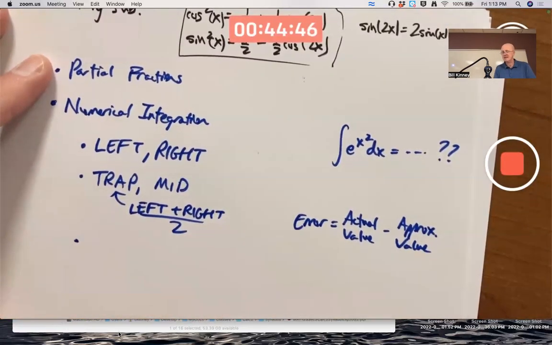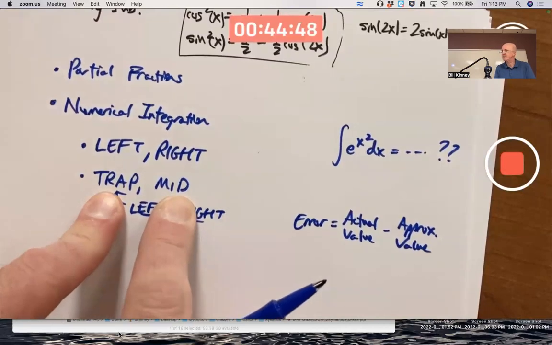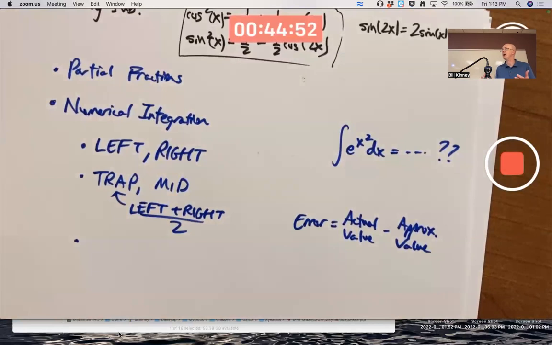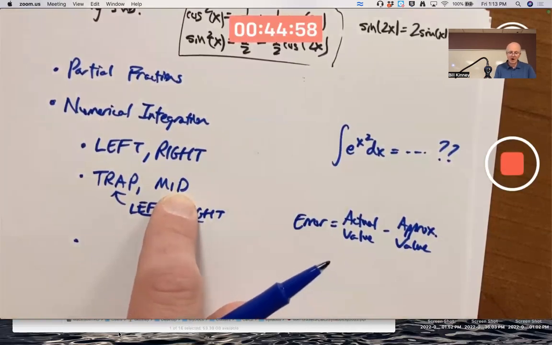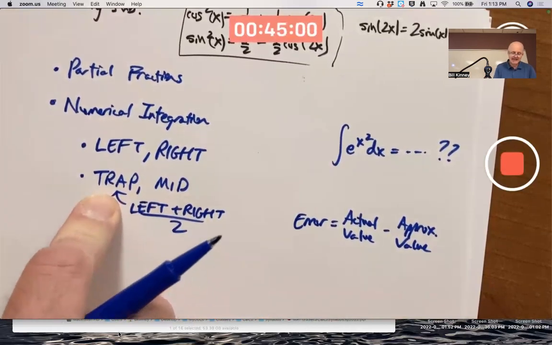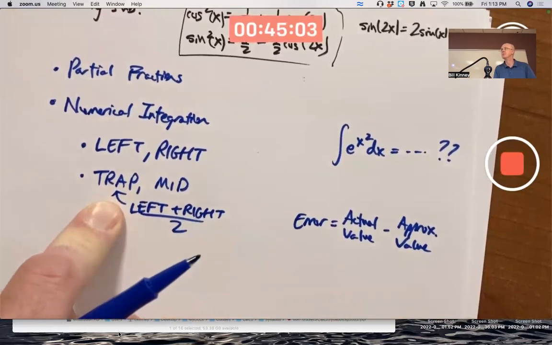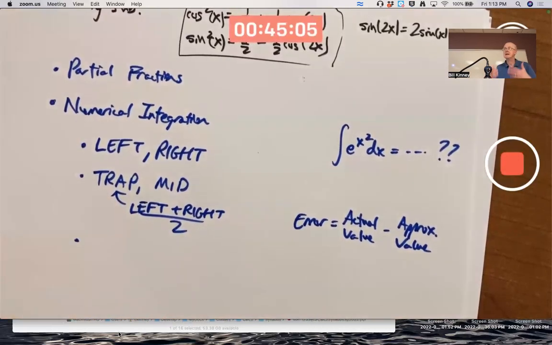What we also see, if we think about the errors for the trapezoid and midpoint rules in simple examples, is they tend to have opposite signs as well. And moreover, the absolute value of the error for the midpoint rule is typically twice as small, half as large, as the absolute value of the error for the trapezoid rule. And the midpoint rule does typically about twice as well for any fixed value of n.